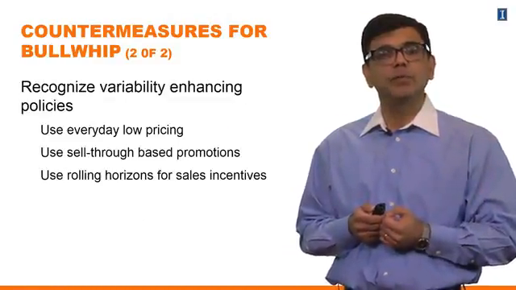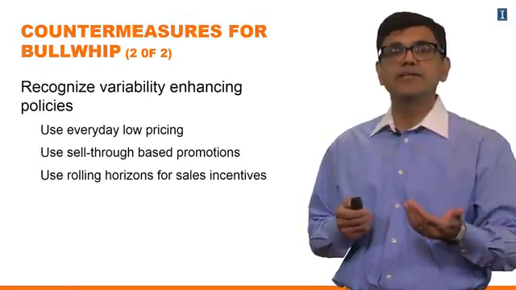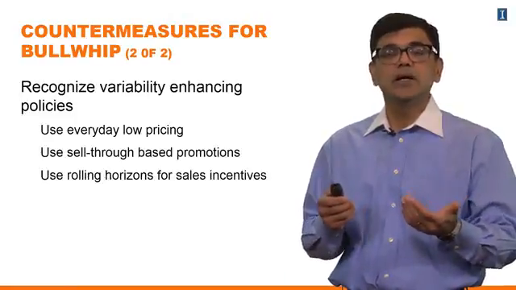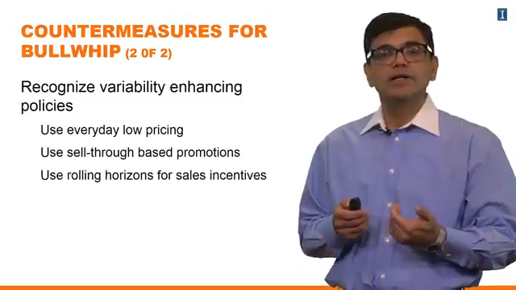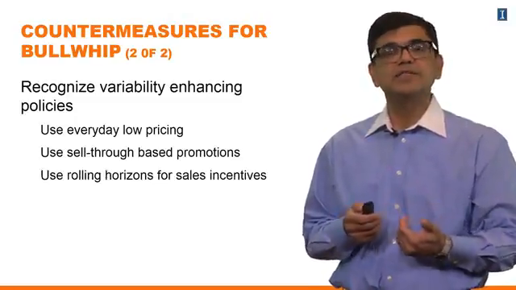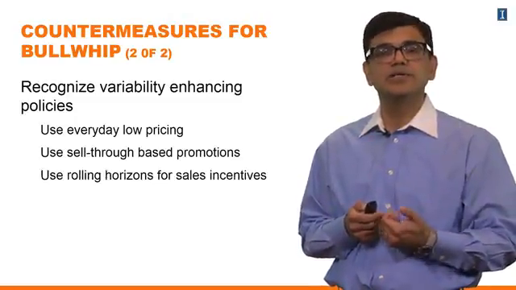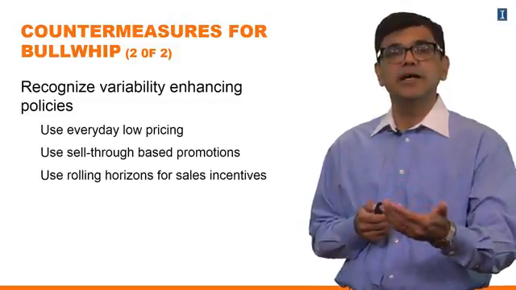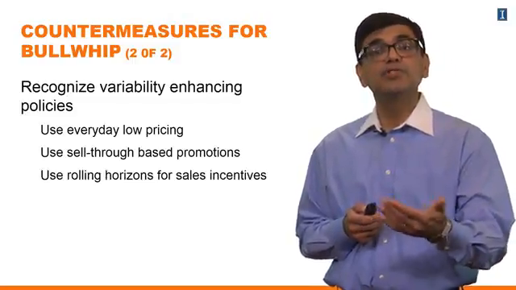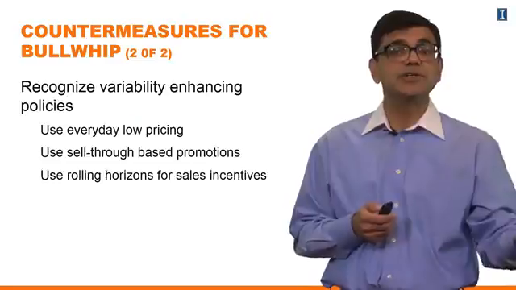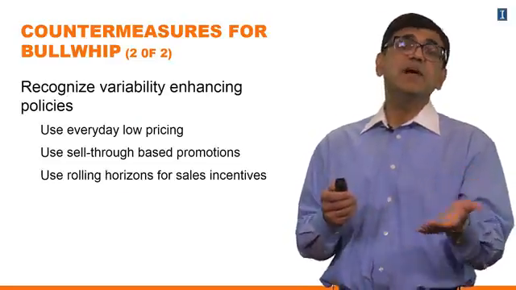Other countermeasures for the bullwhip effect include reducing the use of sales discounts that you give to customers, reducing the promotions that you give to customers and to your salespeople, or at least being aware of them.